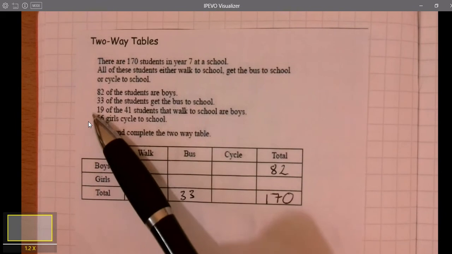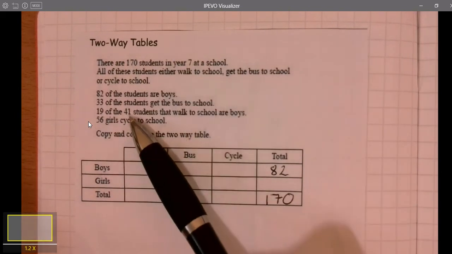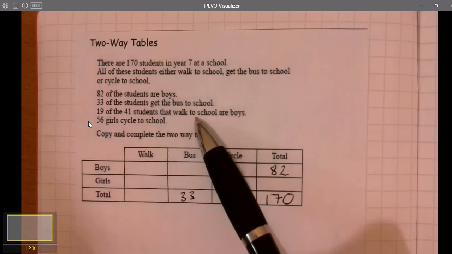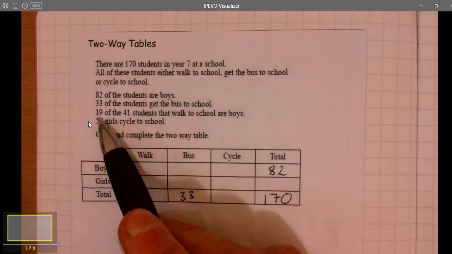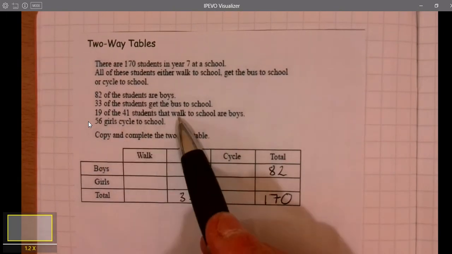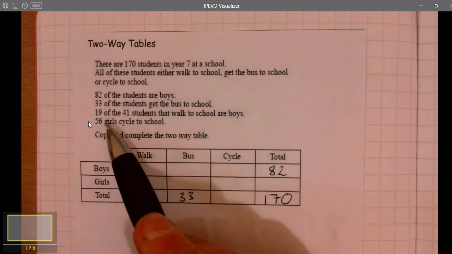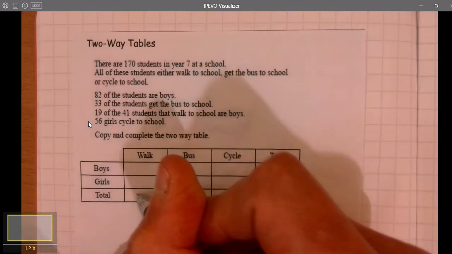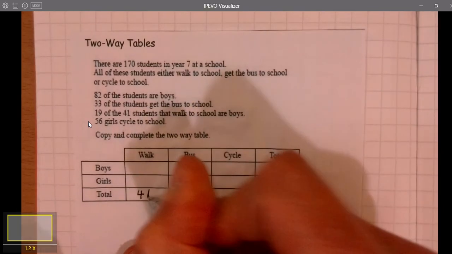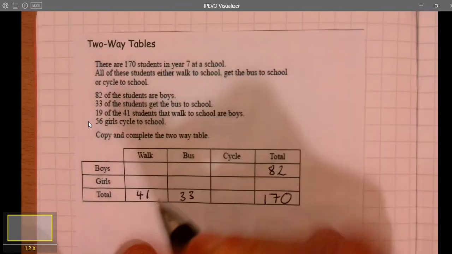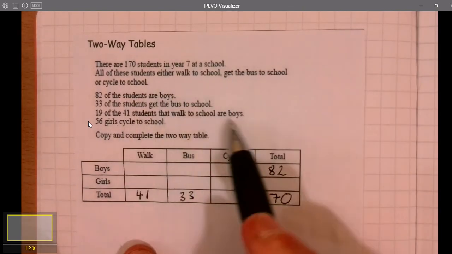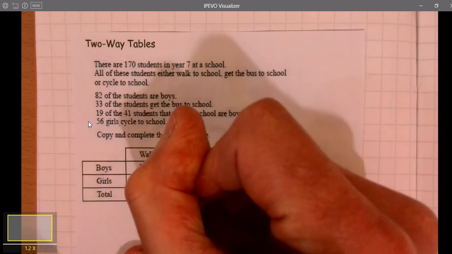And then 19 of the 41 students that walk to school are boys. So you're just going to read it carefully. 19 of those 41 are boys. There we are.